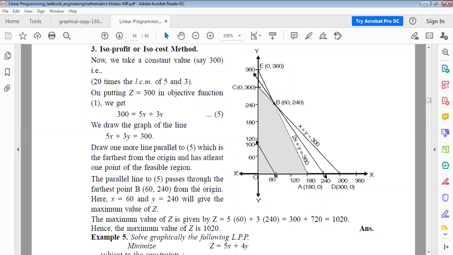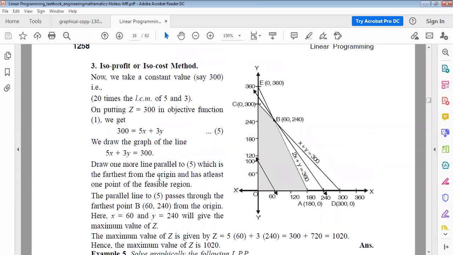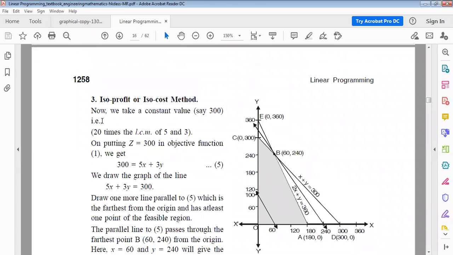This is the value 60 and this is the value 240, very near to the point (0, 300) and near to the 180 point. This is actually the isocost method for finding the maximum or minimum Z.